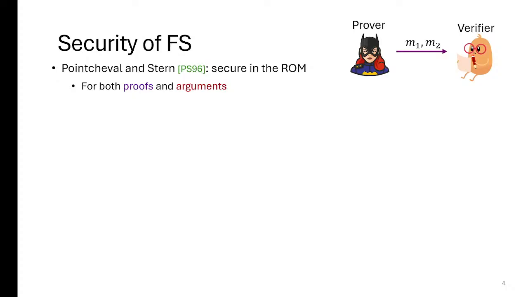And this is true for both proofs and arguments. For Sigma protocols, this is just true. For multiple rounds, you will have to have some round-by-round soundness or state restoration soundness, but these properties are true for natural protocols. But again, I'm mostly talking about Sigma protocols here.